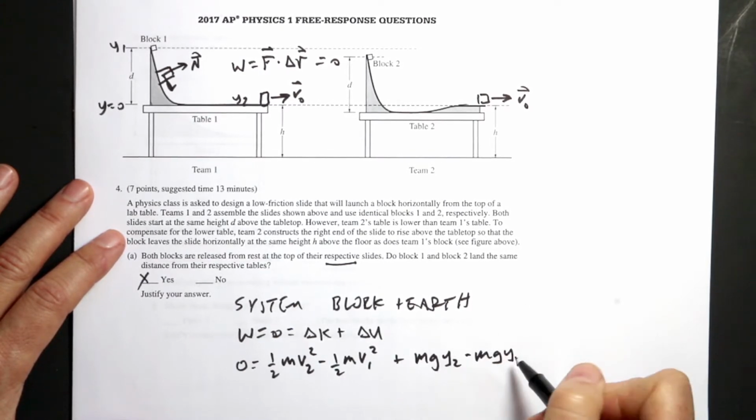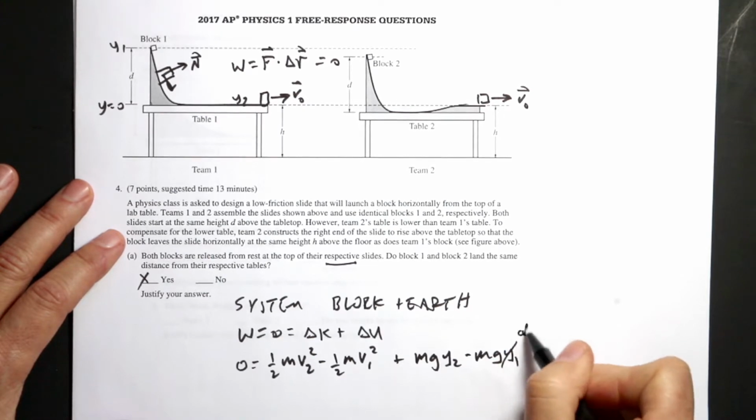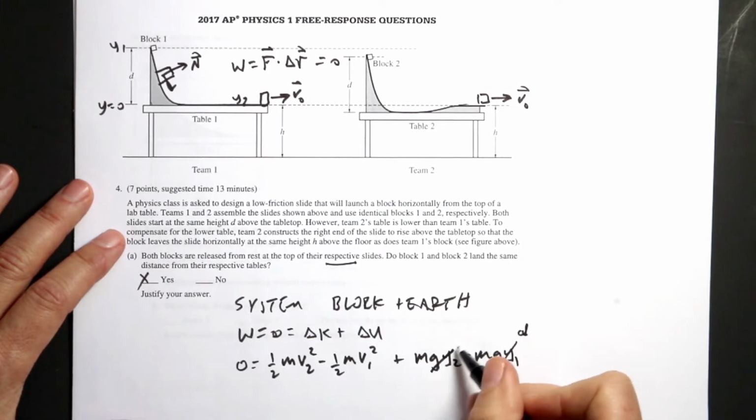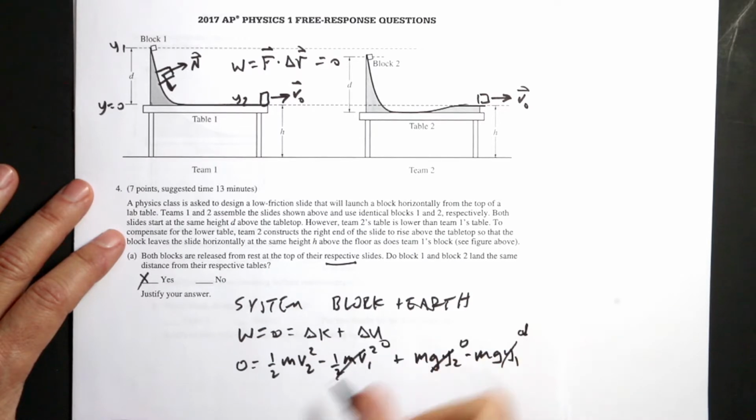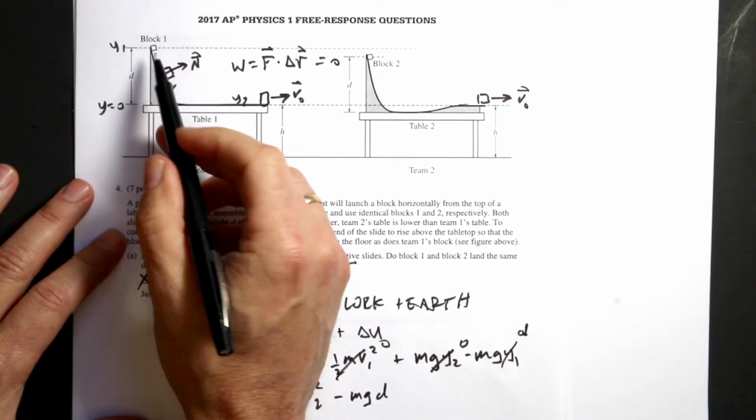This is going to be equal to d, this is equal to 0, this is equal to 0. So 0 equals 1/2 m v2 squared minus m g d, because that's the change in height.